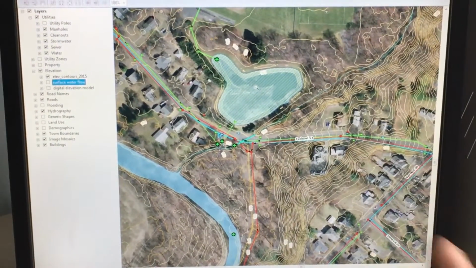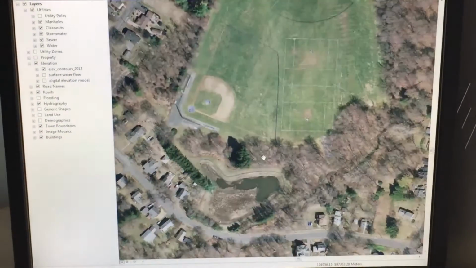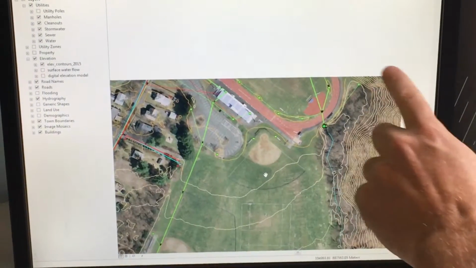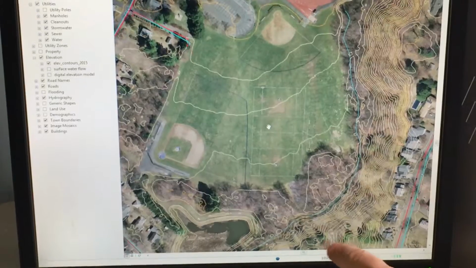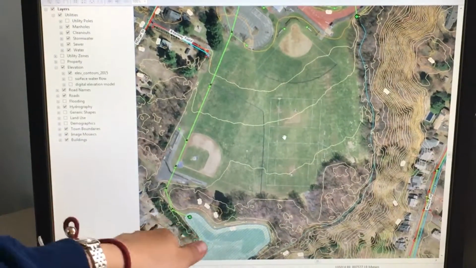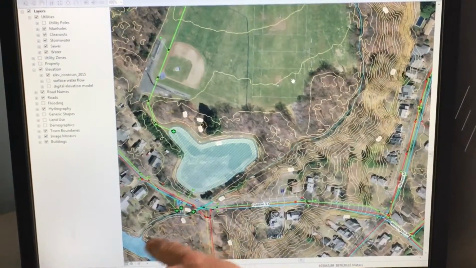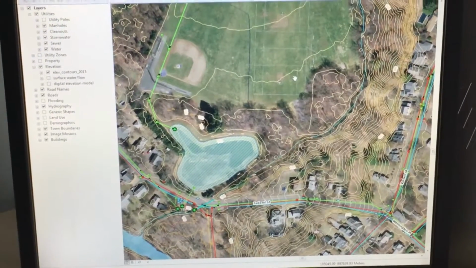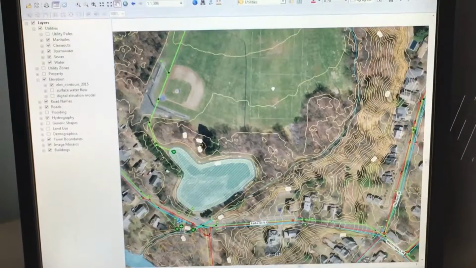When they built a bigger building, they had to build this detention basin to catch some of the water, and then it's released from there into the river. Oh, I see the connecting line. So that slows the water down and filters out some of the pollutants.